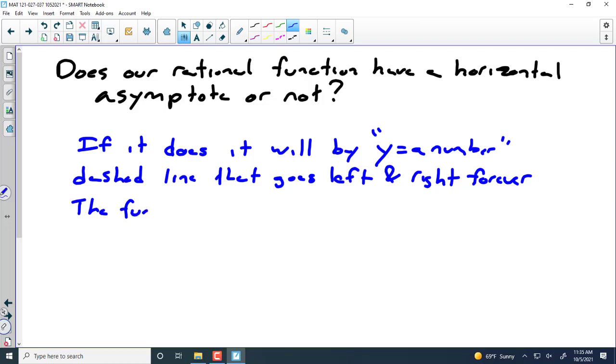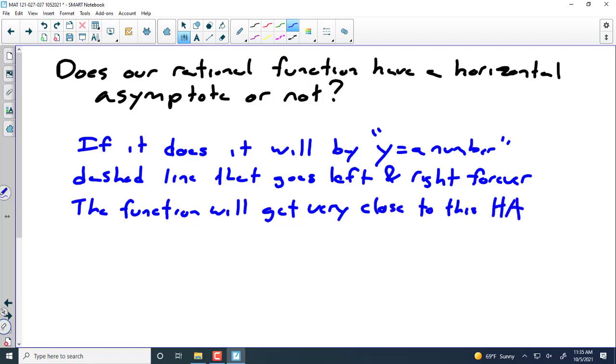The function will get very close to this horizontal asymptote as x approaches infinity and x approaches negative infinity.